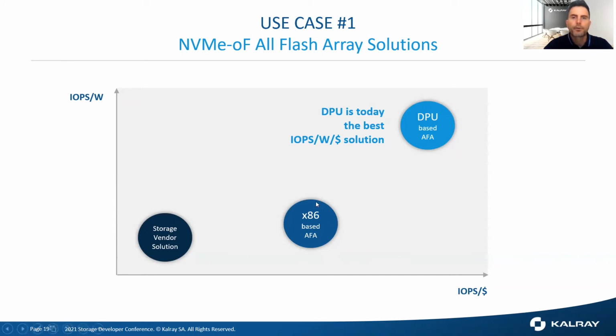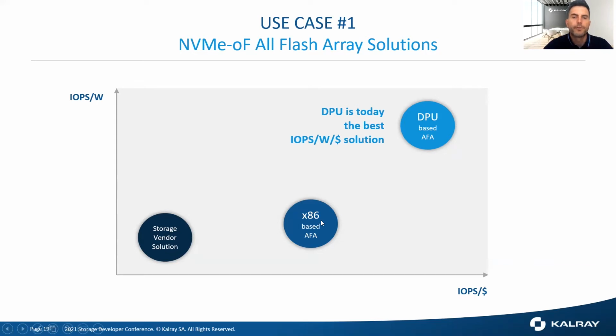Then another category, still based on the x86 platform, is what I call x86-based all-flash arrays, on which you put a software stack like SPDK that has been designed from the ground up to exploit the parallelism of NVMe disks. In this case, you end up with a solution that is an order of magnitude better than the one of storage vendors.